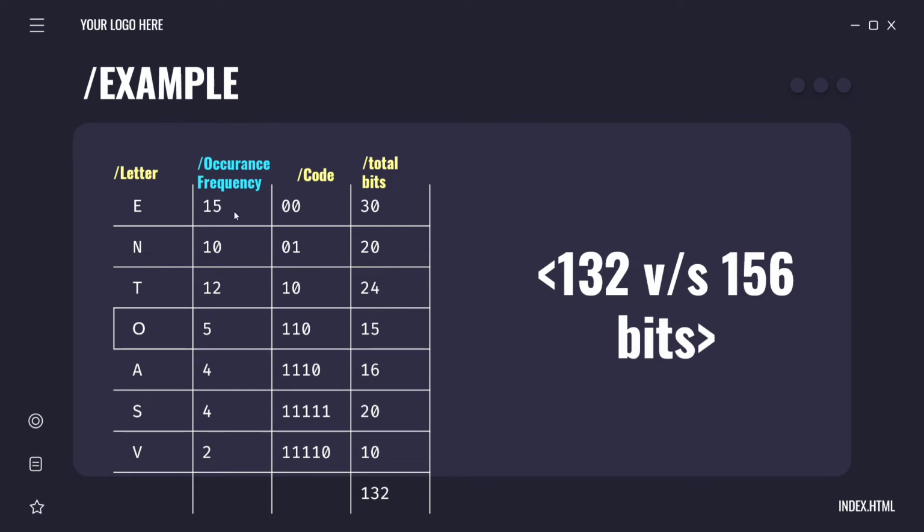Now, why does this work? It is because when we are calculating the bits, the bits would be the product of the frequency value and the length of the code, that is 2 over here. So in this example, the total bit count would be 30.